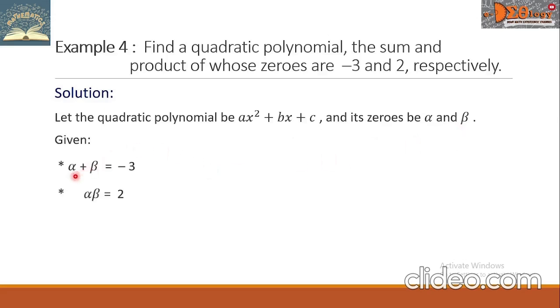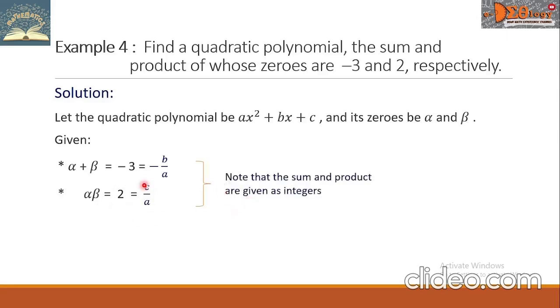Given, alpha plus beta, the sum, equals negative 3. The product, alpha times beta, equals 2. Remember that the sum relation is equal to the negative of b over a, and the product relation is equal to c over a.